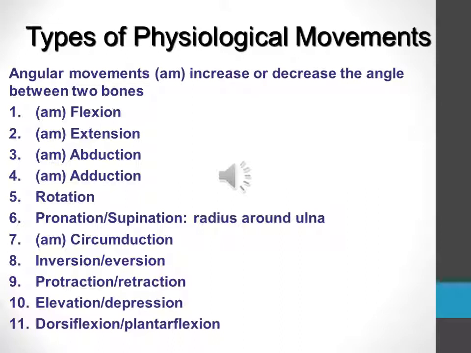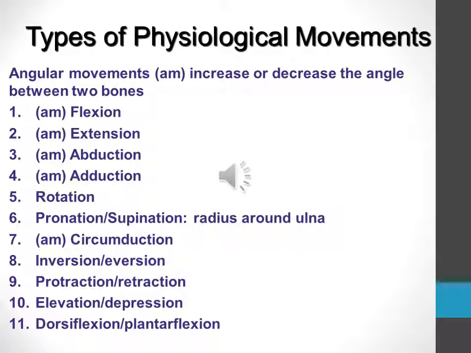The primary types of movements are flexion and extension, abduction, adduction, and circumduction. As far as the definitions, I'm going to run through them for you, but really focus on keeping this simple and finding ways to define it so it makes sense to you.